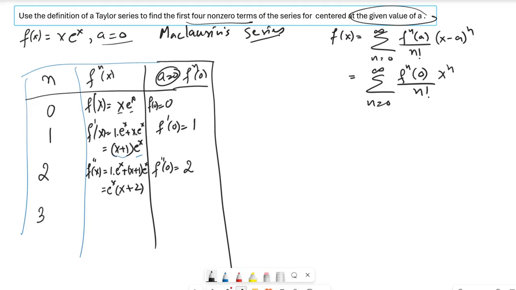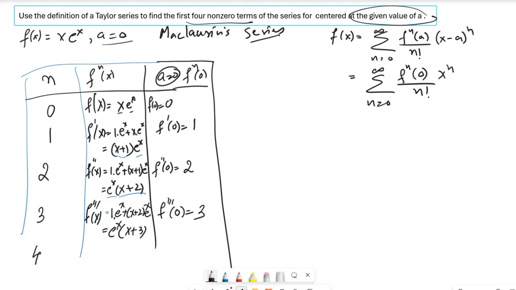Okay, 3, the third derivative. If you repeat the process, again this is a product of two functions. Derivative of (x plus 2) is 1 times e^x, plus (x plus 2) times the derivative of e^x, which is just e^x. Therefore, e^x factored, we have (x plus 3). Third derivative at 0, when I put x as 0, e to the power 0 is 1, that's just 3.